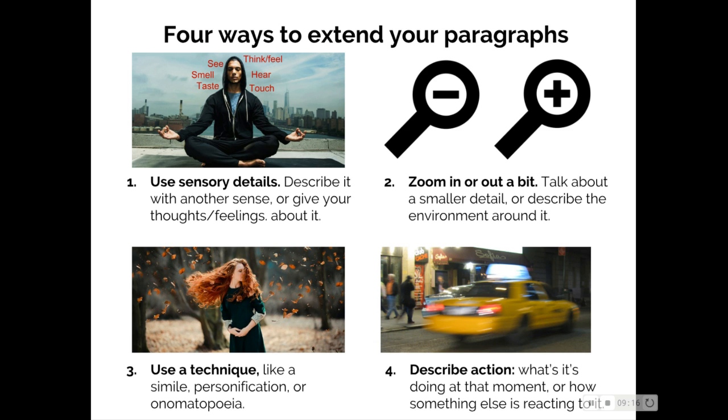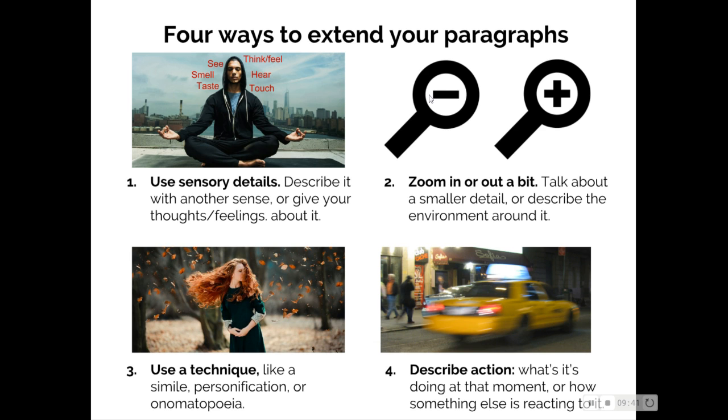So if you were talking about the way that something looks, you could also talk about how it sounds or how it smells or tastes. You could also give those thoughts or feelings that you might have about it.